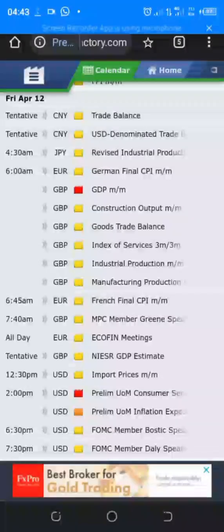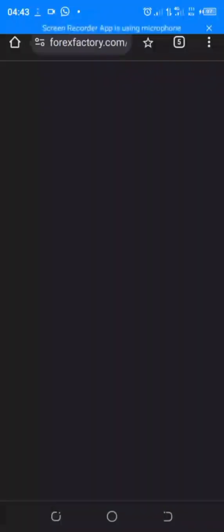The next fundamental news I use to trade the forex market is CPI, Consumer Price Index.